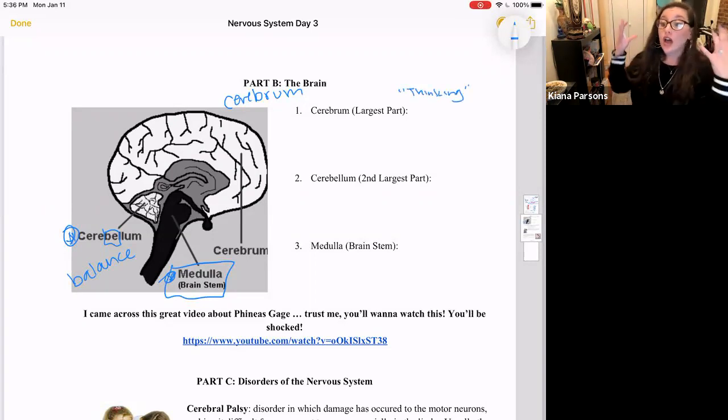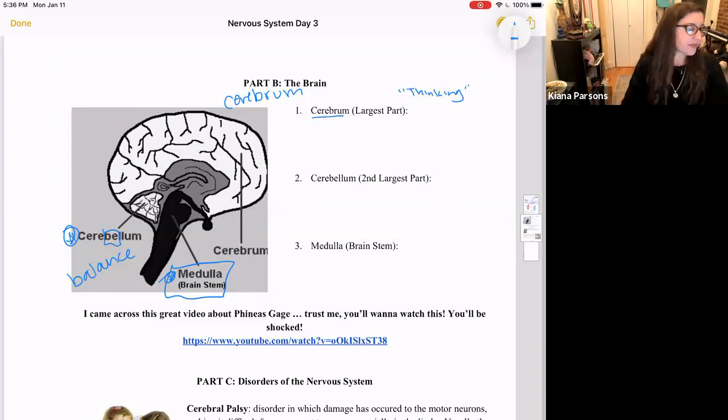This includes the cortices, which are on the outside layer of the brain, and also the lobes of the brain, right? Your frontal lobe, your occipital lobe, you may have heard of these different things. We're not going to talk about the lobes here today, but all of those are included in the cerebrum. So most of the things that you probably conceptualize your brain doing happen in the cerebrum.